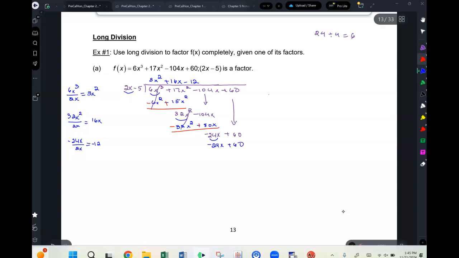Negative 24x plus 60, that gives me a 0 when I change the signs. If you don't get a 0, you did something wrong, because the math says it's a factor. Remember, math is bigger than us, so we, the humans, made the mistake. So now f of x, which was that cubic function, is equal to 2x minus 5 times the quotient.